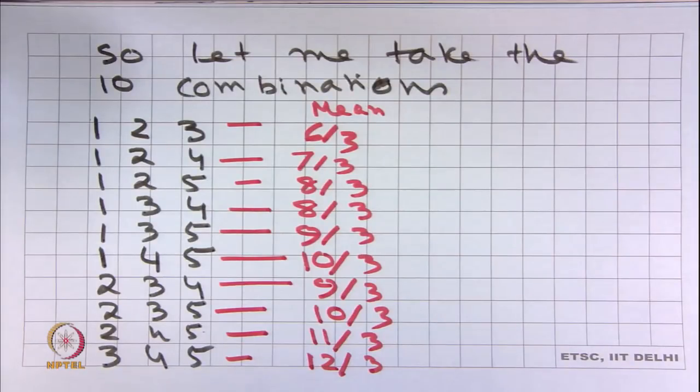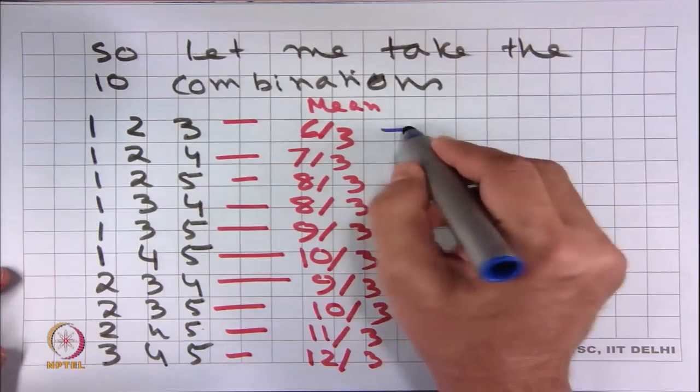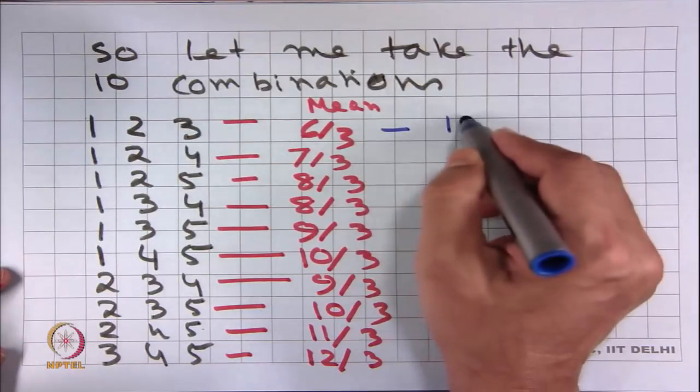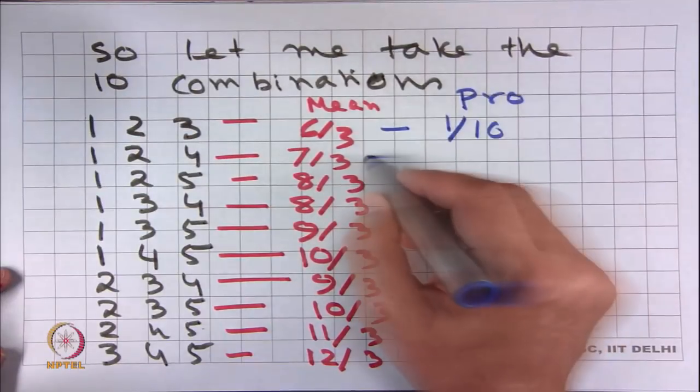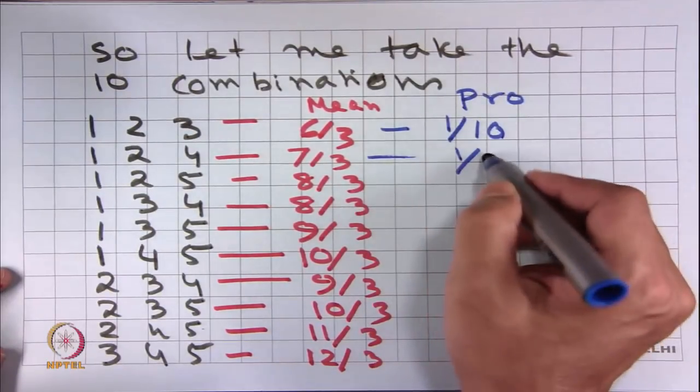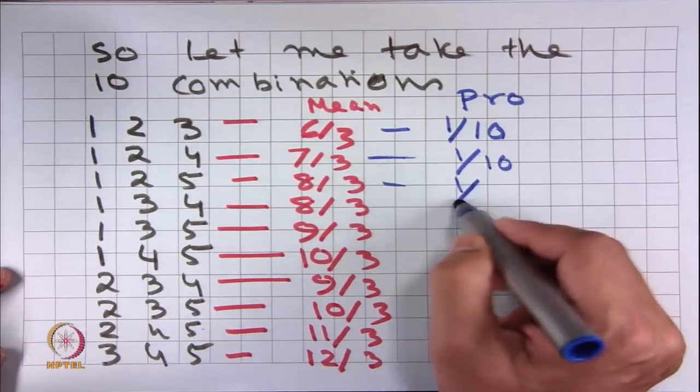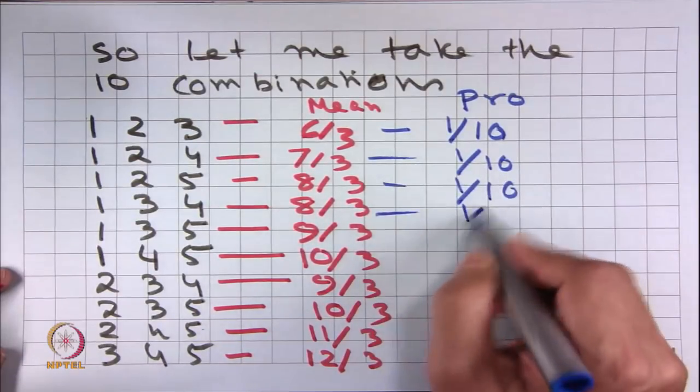Right? And each one of them has equal probability, so this has probability 1 by 10, this has 1 by 10, this has 1 by 10, this has 1 by 10.